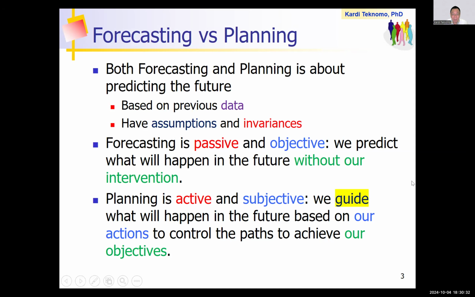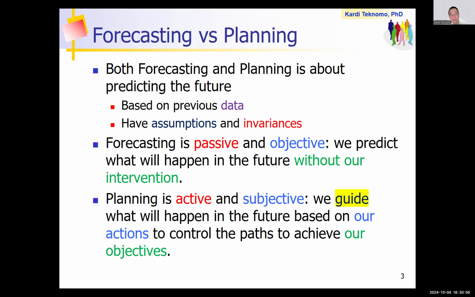So what's the difference between forecasting and planning? Both are about prediction, prediction about the future. So you are the modern wizard, isn't it? In the past, a wizard or prophet was supposed to predict something.